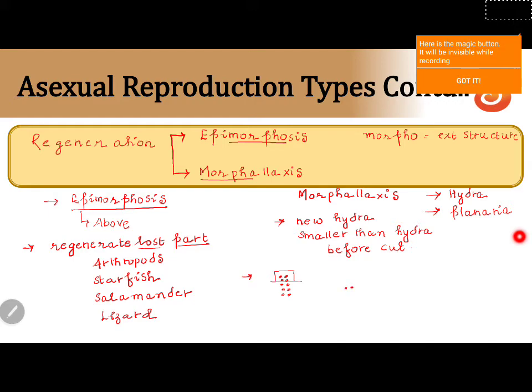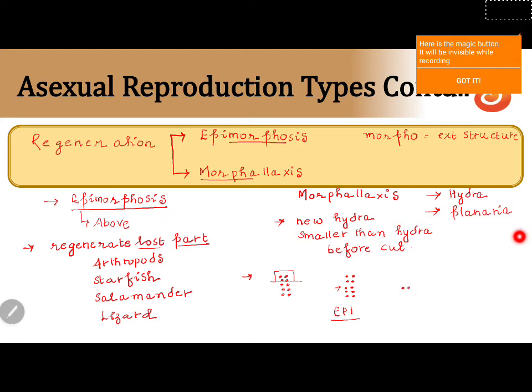Now I have the rest, 6 of them. In case of epimorphosis, the lost cells are restored. So regenerating the lost part from the point where it is lost. Again there are 10, so the size of the organism is the same.